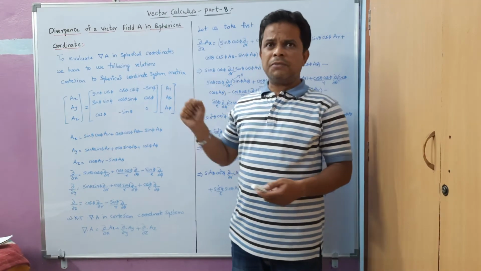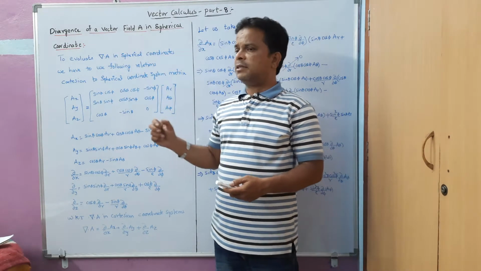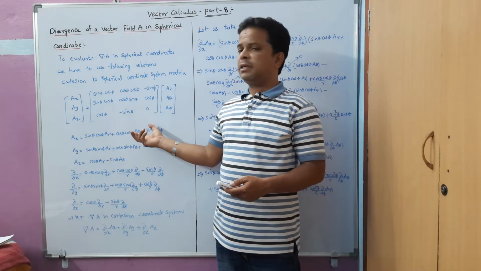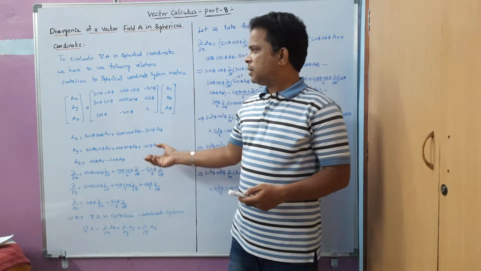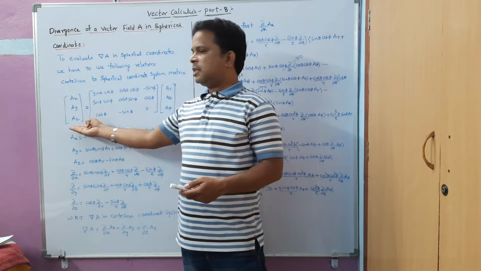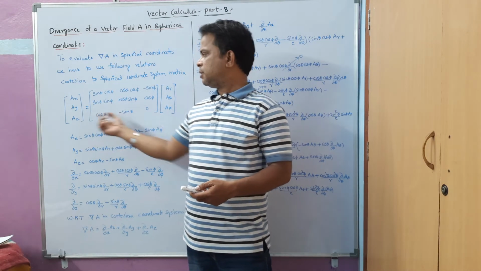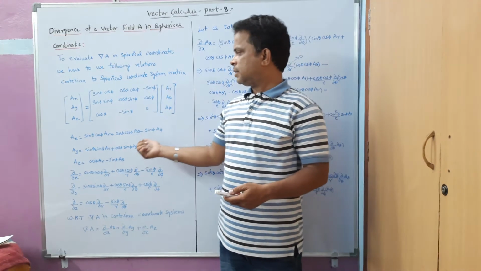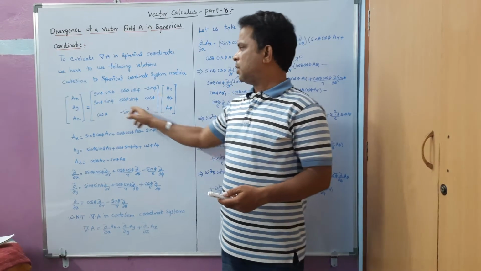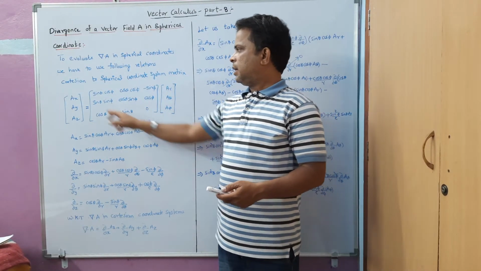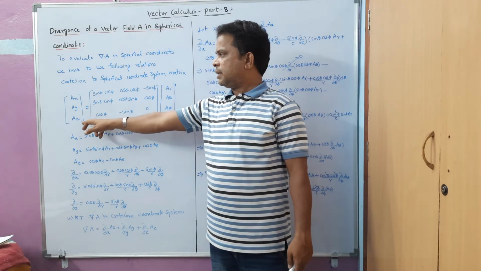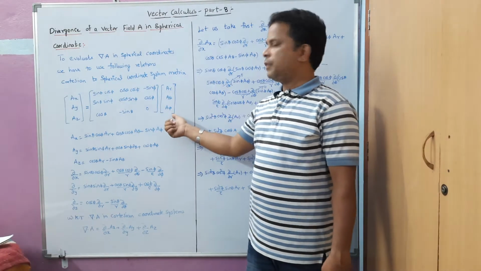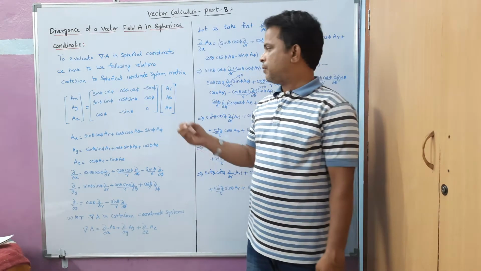In order to derive this divergence, we need the following relations. We have the transformation matrix from Cartesian to spherical coordinate system, relating Ax, Ay, Az to Ar, A theta, A phi. Ax, Ay, Az are the components in Cartesian coordinates, and Ar, A theta, A phi are the components in spherical coordinates.